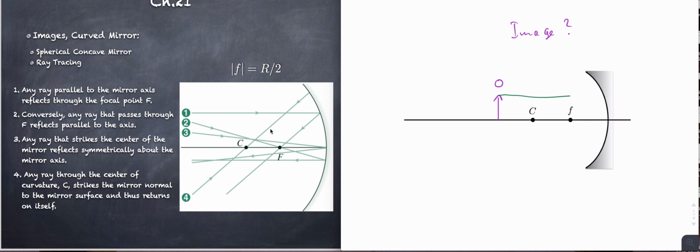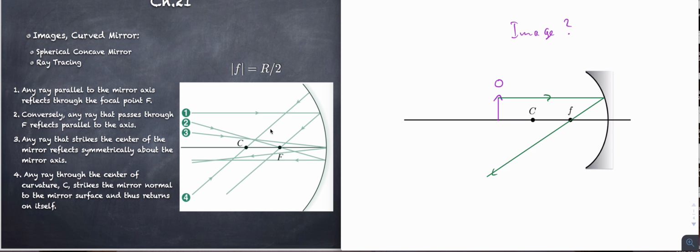If I have a ray coming in parallel to the axis, that light ray should reflect through the focal point of the mirror right here. Okay, so let's draw that. So light entering parallel from the object is reflecting through the focal point.